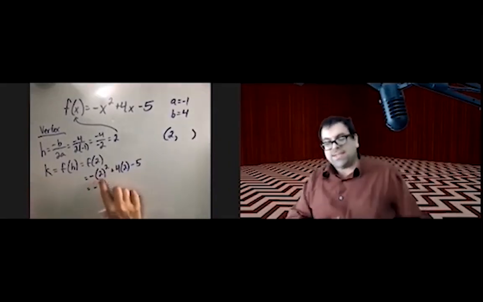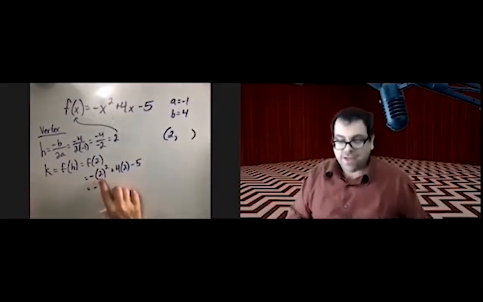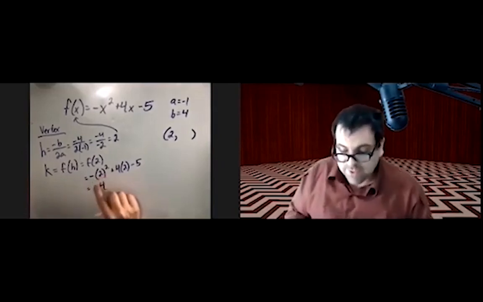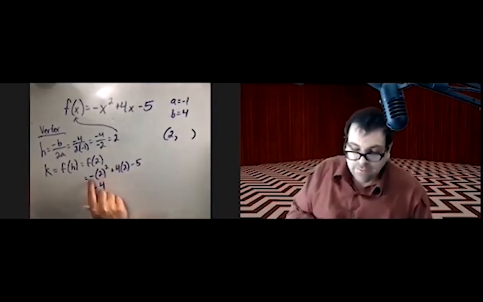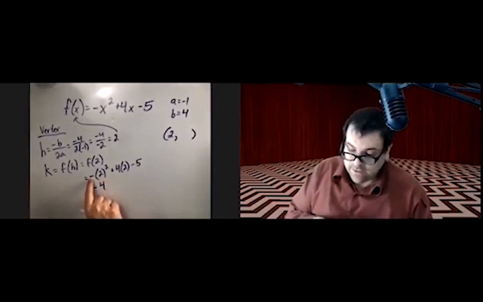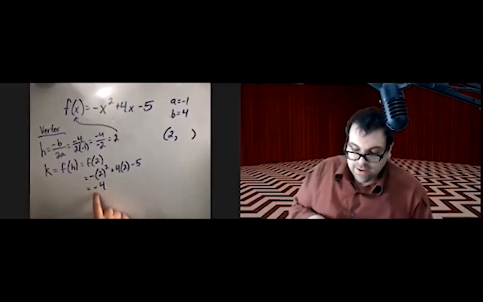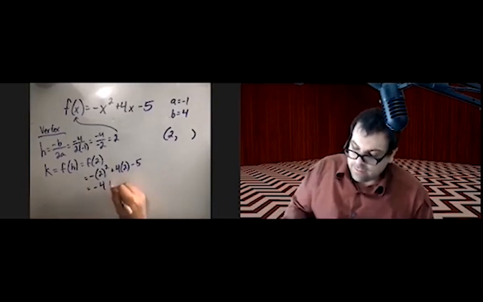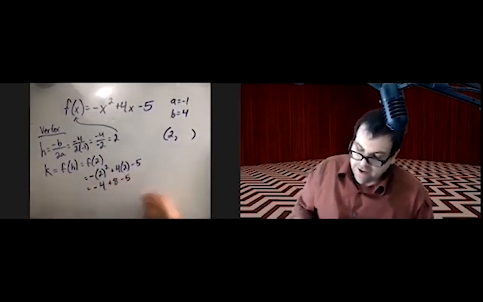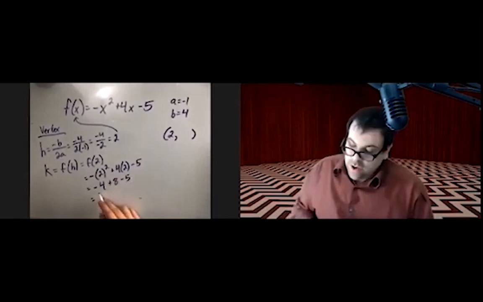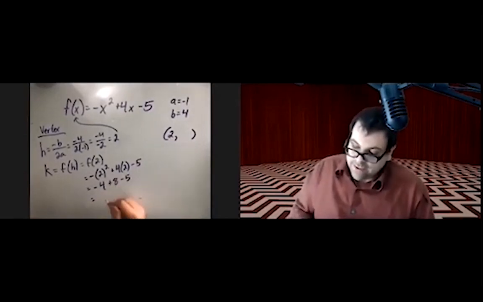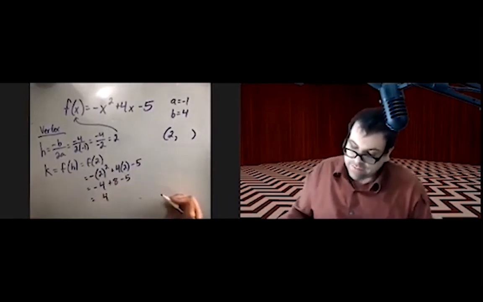If that negative was inside the parentheses, if we were plugging in a -2, it'd be different, but we have the minus on the outside. So that doesn't turn into a positive. That's going to stay a minus sign. +8 minus 5. -4 plus 8 is +4.